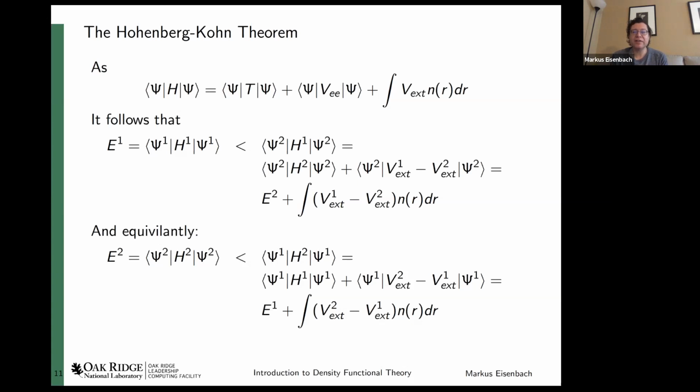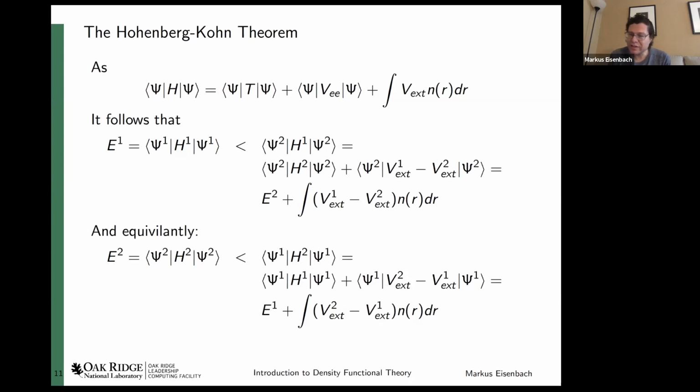So we find, by rewriting H1 as H2 minus V external of V2 plus V external 1, that E1 plus this integral over the difference of the energies, and where the density has to be strictly larger than E1.